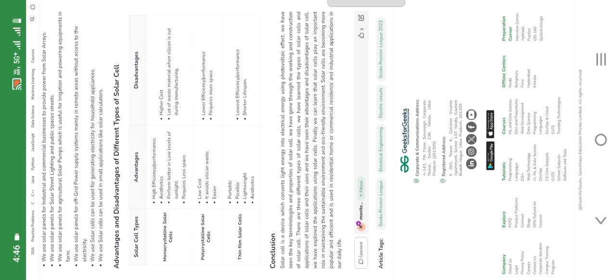Also, the applications of solar cells, and the advantages and disadvantages of solar cell, have been learned.